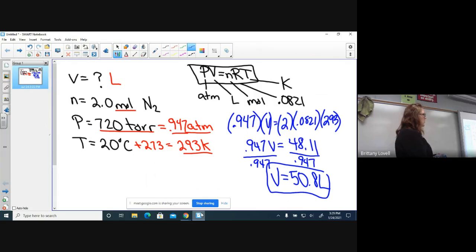And we know that this probably is a reasonable answer because normally just 1 mole of any gas at standard temperature and pressure, which, remember, is just 1 atmosphere and 0 degrees Celsius or 273 Kelvin, would be about 22.4 liters per 1 mole, but now we've got 2 moles of nitrogen. This makes sense.